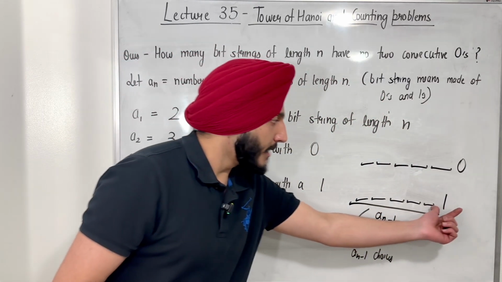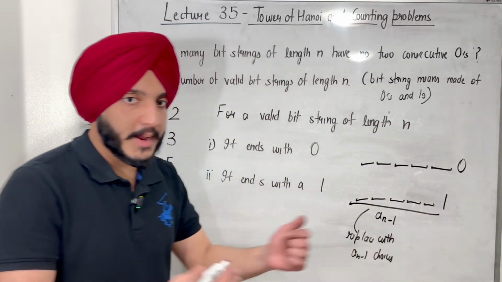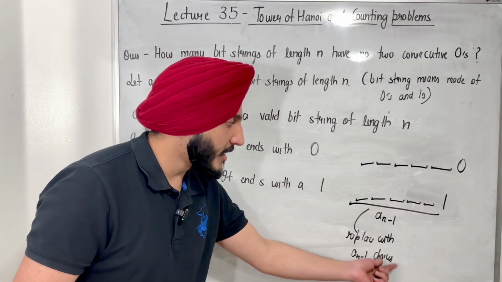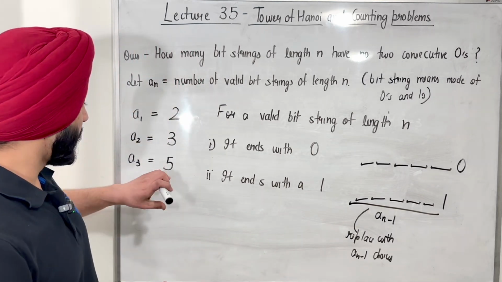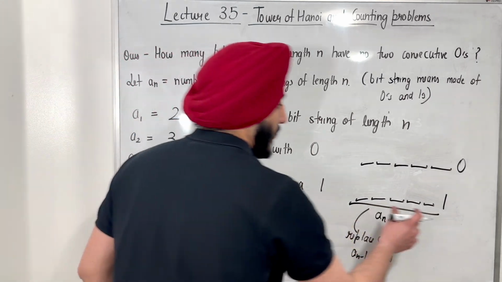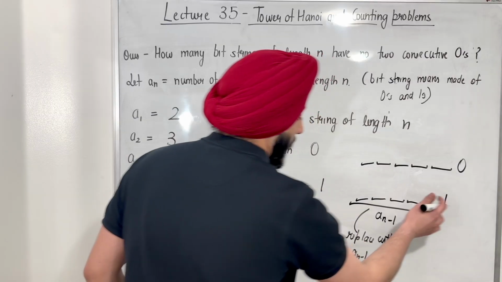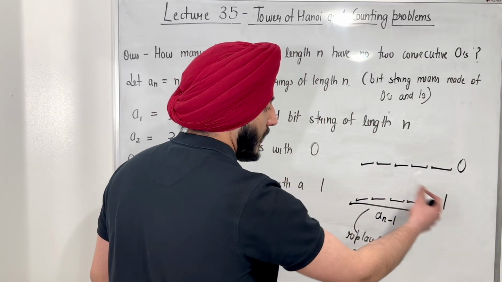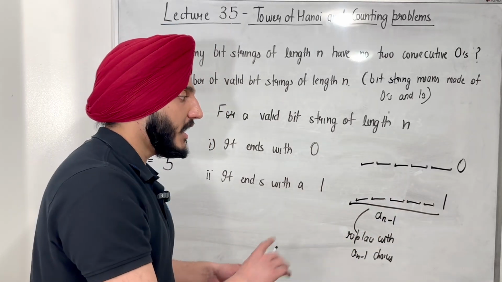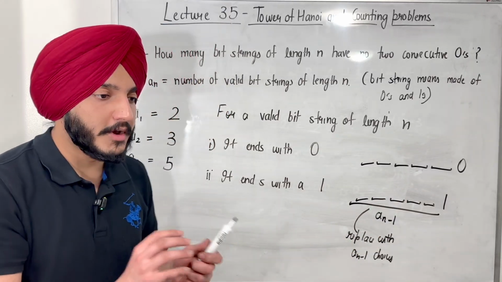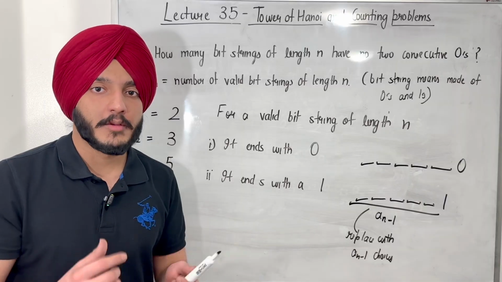So if my bit string ends with a 1, for my previous terms I would have a_(n-1) choices. Why? Because think about this. For a value ending with 1, I could have 1 0 0 1 1 1 1 0 0 1 1, anything. I could have any combination as long as that combination is where 0 is not being consecutive.